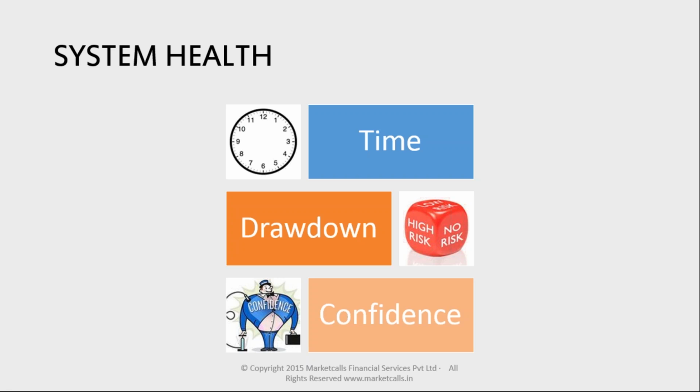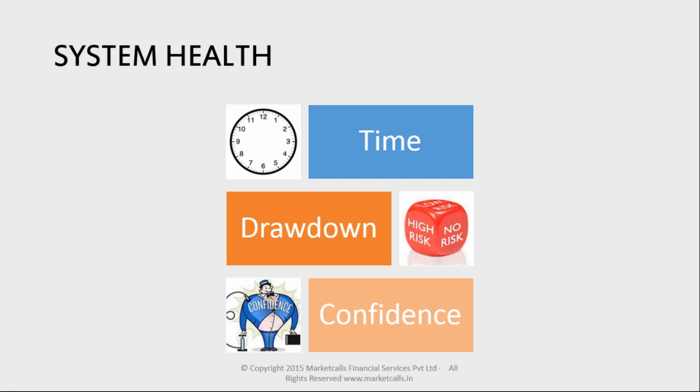And let's say your drawdown is going to be more than 30-40%, what are you going to do? And are you losing confidence in your trading system? So all the system health you have to monitor on a frequent basis. Probably reviewing your trading system health every 3 months or 6 months would do better, right?